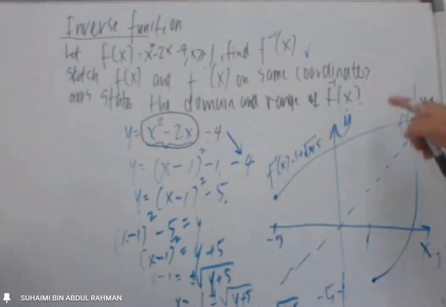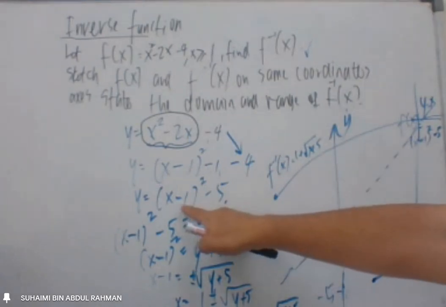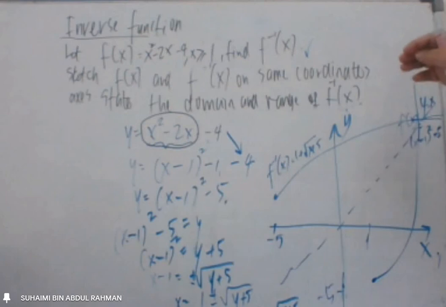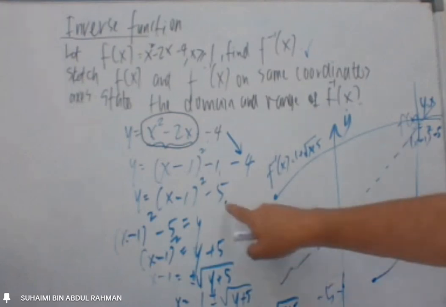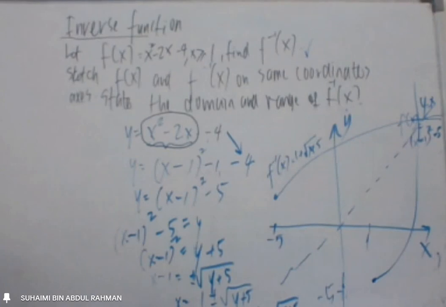The place we shift. Remember that. Open up here, we shift 1 unit. And we shift down 5 units.